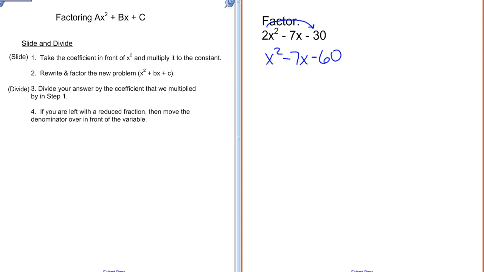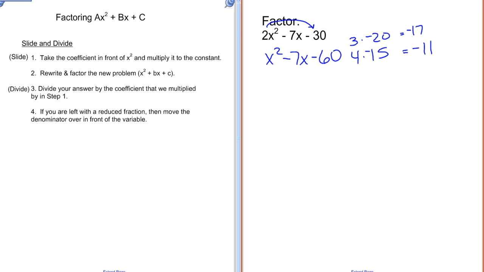let's see if we can jump out and get this one right off the bat. Let's see if 3 times negative 20, that would not be it, because that would give me a negative 17. So let's go 4 times 15. So 4 times a negative 15 would give me a negative 11. So that's not it.